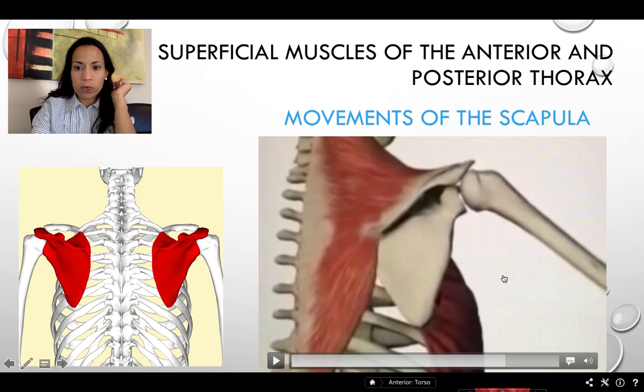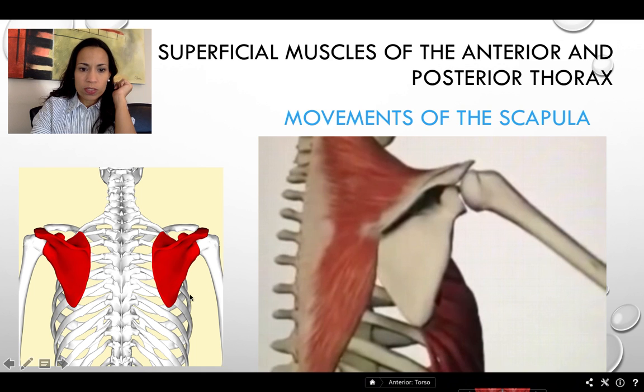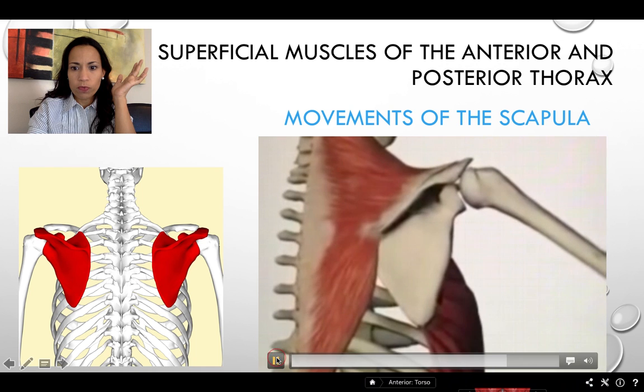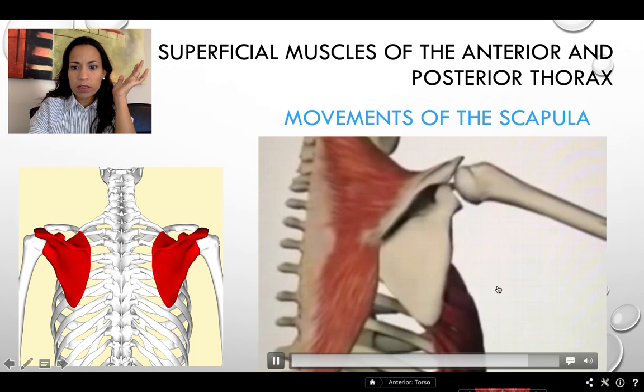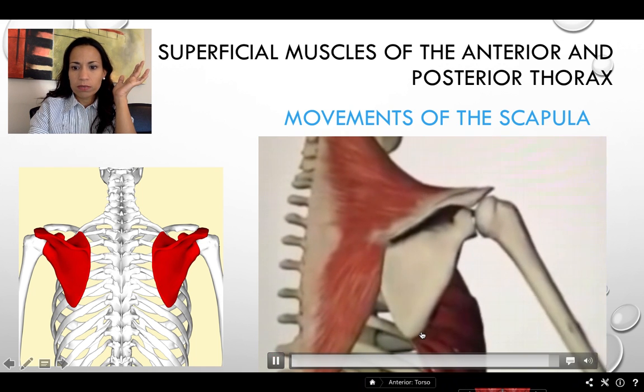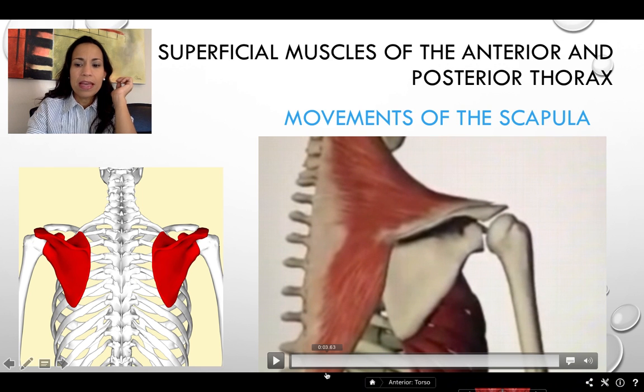That's the upward rotation. And the downward rotation is bringing that angle back towards the anatomical position. So that's upward and that's downward rotation.